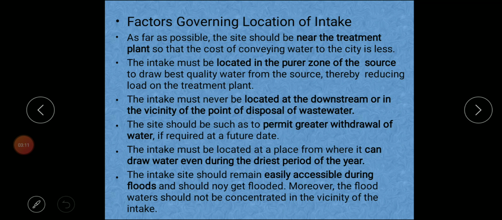Fifth, the intake must be located at a place from where it can draw water even during the driest period of the year. Sixth, the intake site should remain easily accessible during floods and should not get flooded. Moreover, the flood water should not be concentrated in the vicinity of the intake.